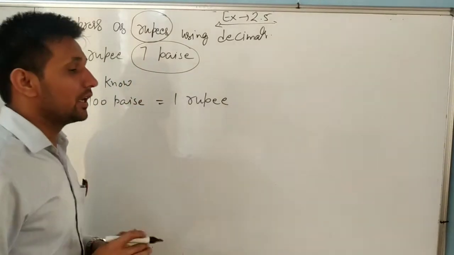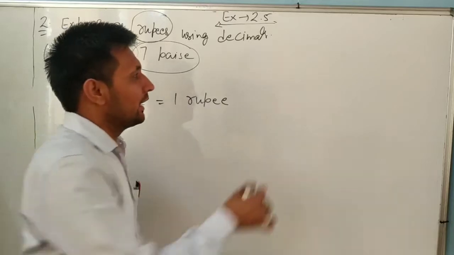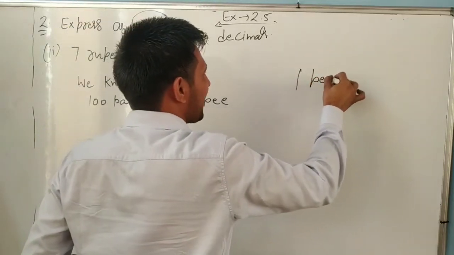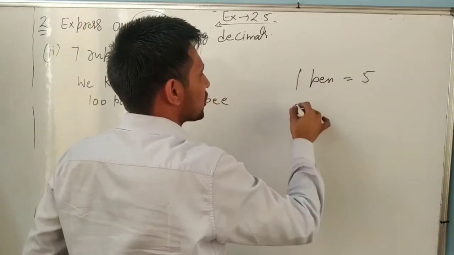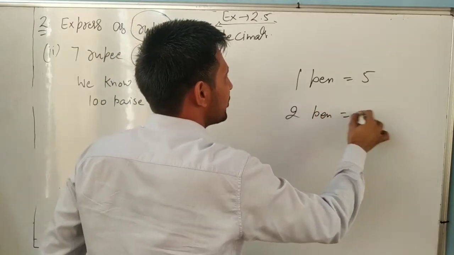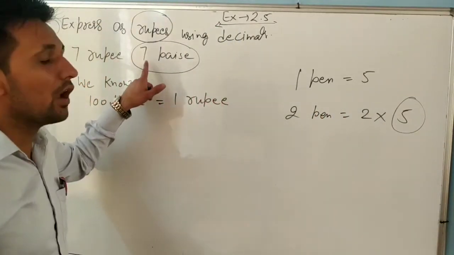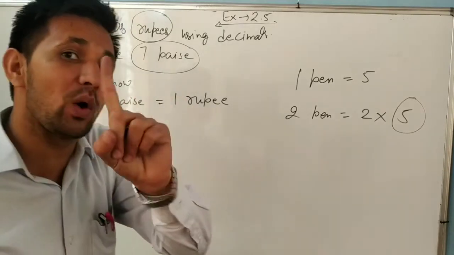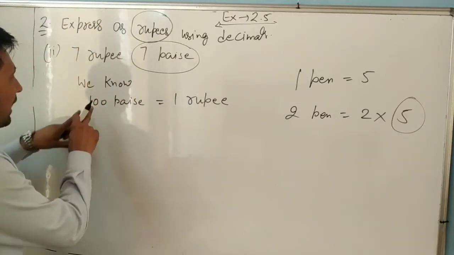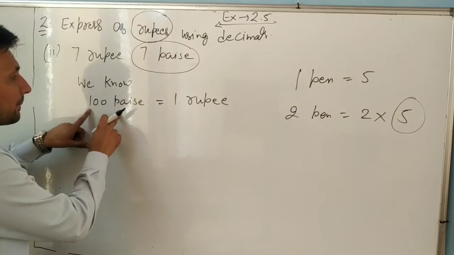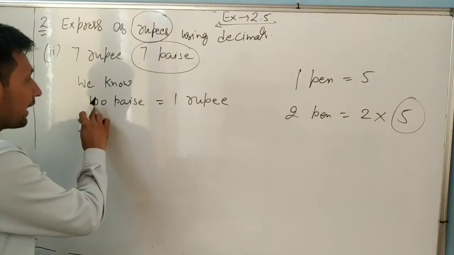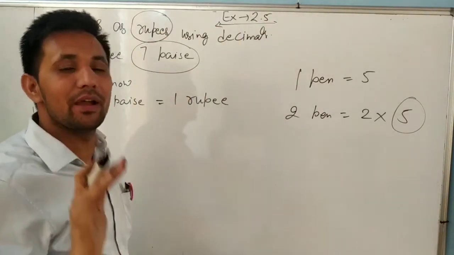So first, if you know, it is very simple, dear. If the cost of 1 pen is 5 rupees, the cost of 2 pens is 2 into 5. Same as it. If you want to know how many rupees in 1 paise, look, 100 multiplies paise. So it means 100 multiplies on one side, on the other side always divide.